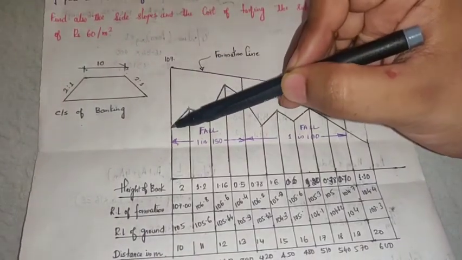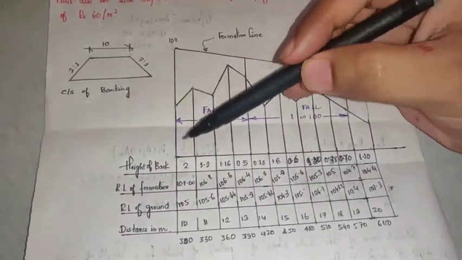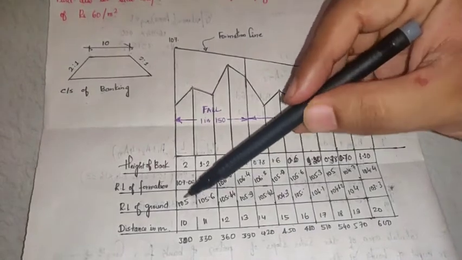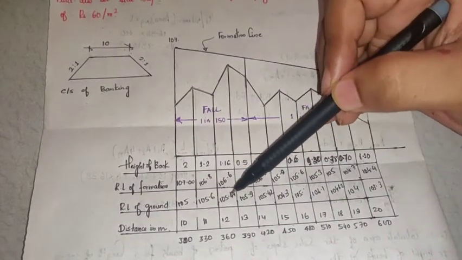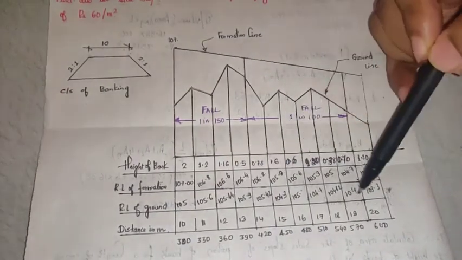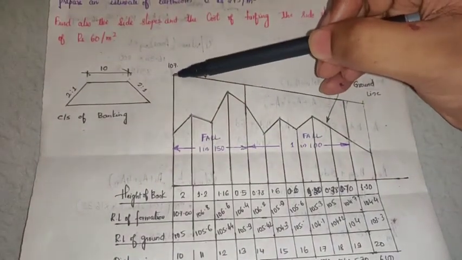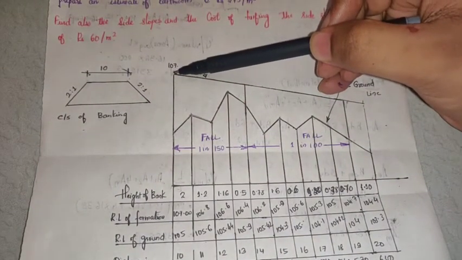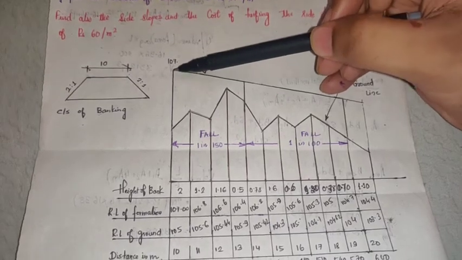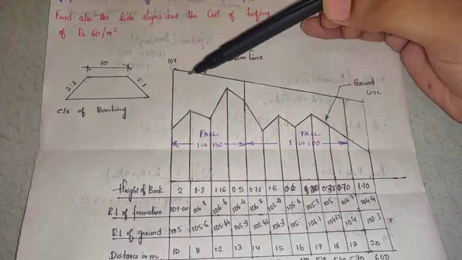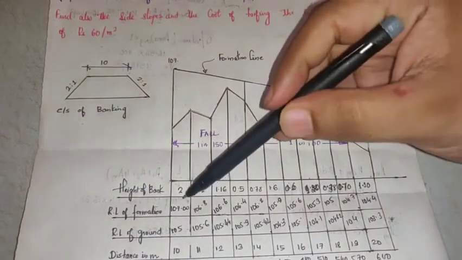Now the actual ground level starts from this point. When they surveyed, they found the RLs of the ground as 105, 105.6, 105.44 and so on till 103.3. Based on that, they had fixed a formation level of 107, and from that 107 they have calculated the RL of formation level.